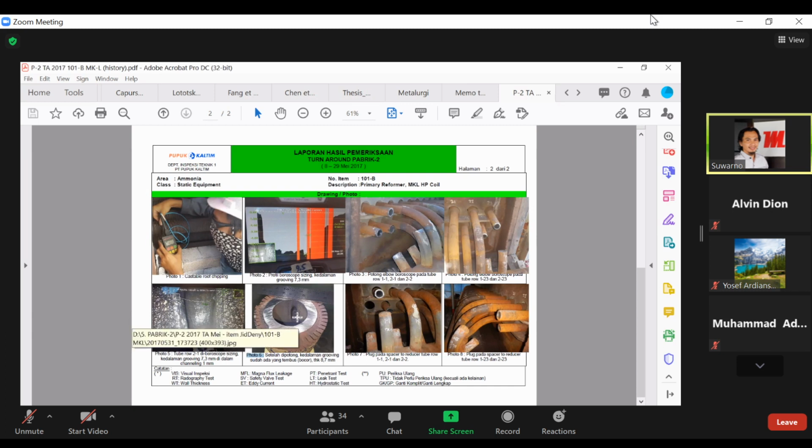This is because of the process. In the end, you would like to know the reason, so you do what we call root cause analysis. Finally, you need to redesign, whether it is a problem of material, a problem of operation, or any other problem coming up in the system.